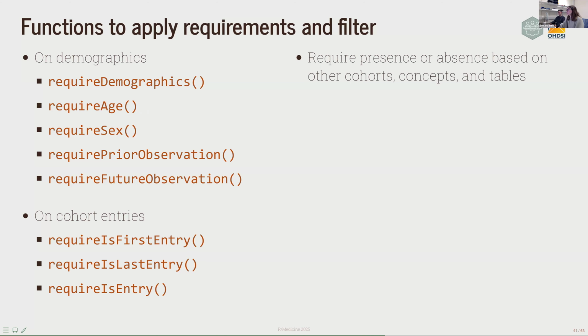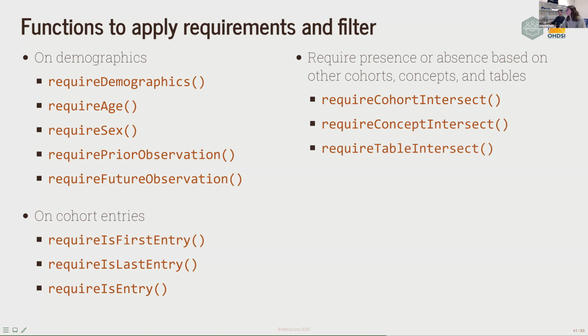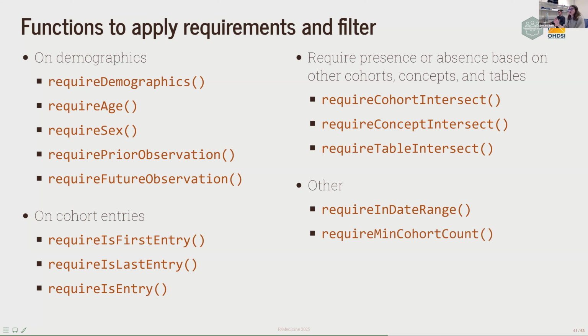And then we also have functions to require presence, absence, or a certain number of intersections to other cohorts, concepts, or tables in the CDM. And finally, you can require for cohort entries to happen within a certain date range, or also require a minimum number of counts for each cohort.